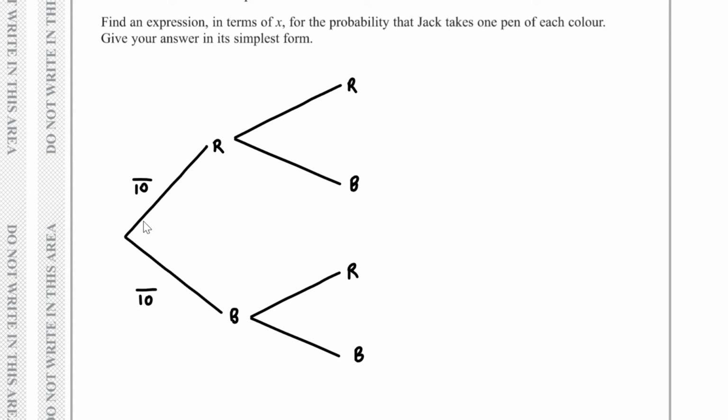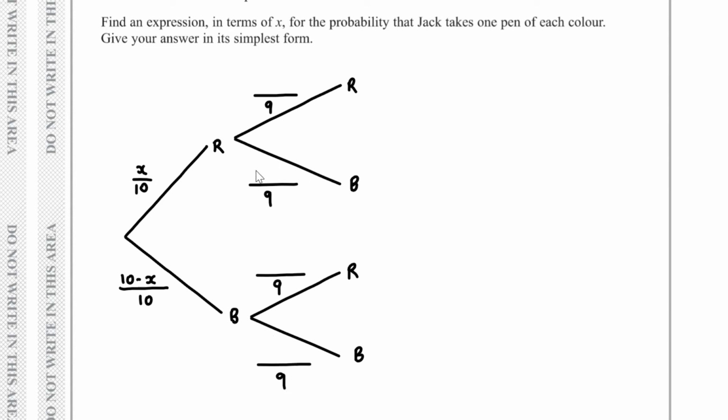And of those 10, X are red, and the rest, we've got 10 minus X, which are blue. Now, if we take a pen from the box, the remaining number will be 9. Okay? So we will have 9 pens remaining if we take one out of the box.